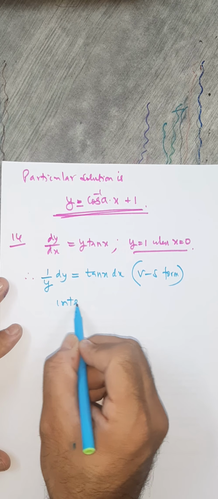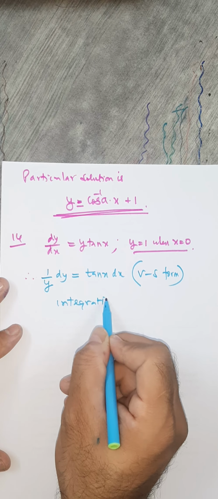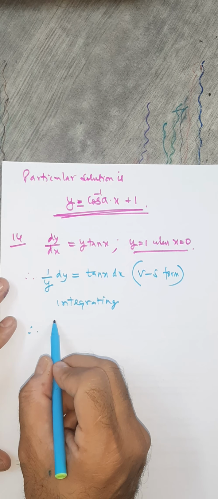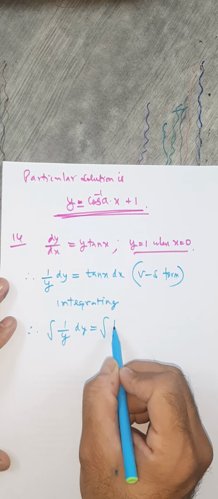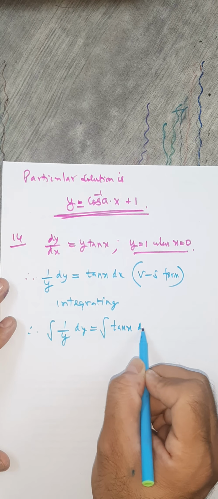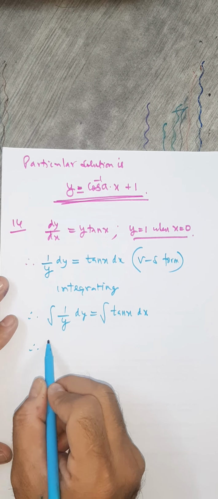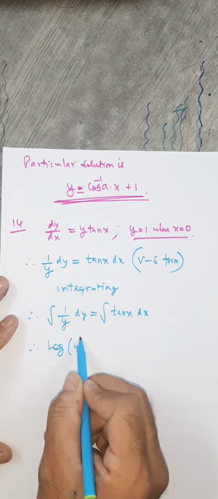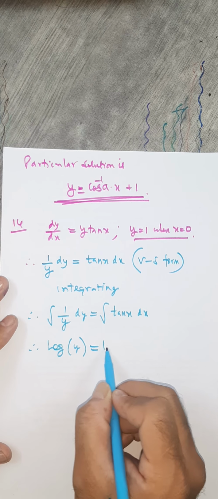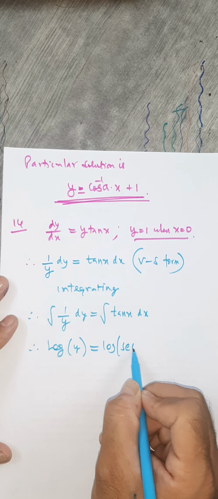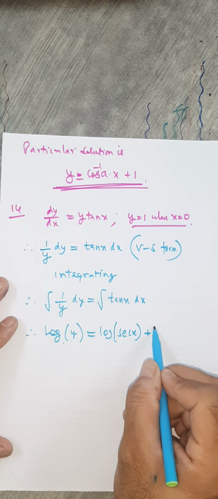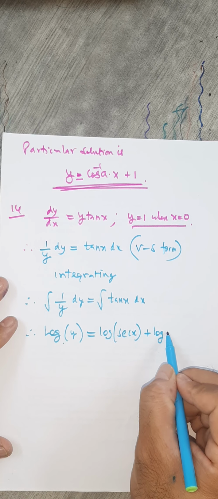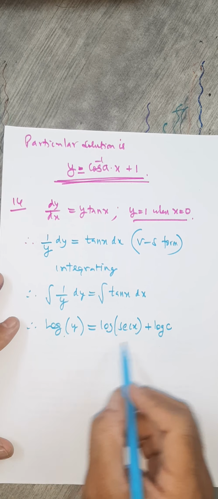So integrating, what's integral of this? You know, this very standard form, integral of tan x here. This is log of mod of y. What is this? You know, this is log of mod of sec x, integral of tan x. At both the places you have log, so I'll not write just c, but I'll write the log c, the arbitrary constant.